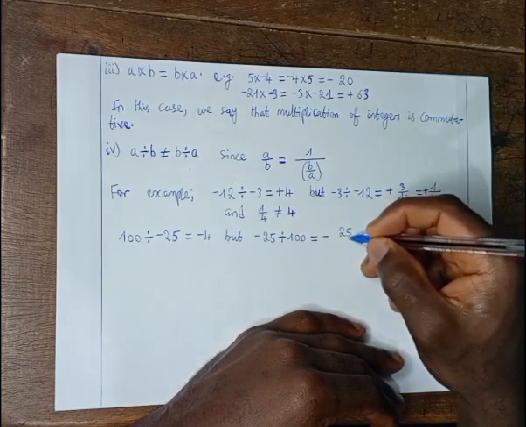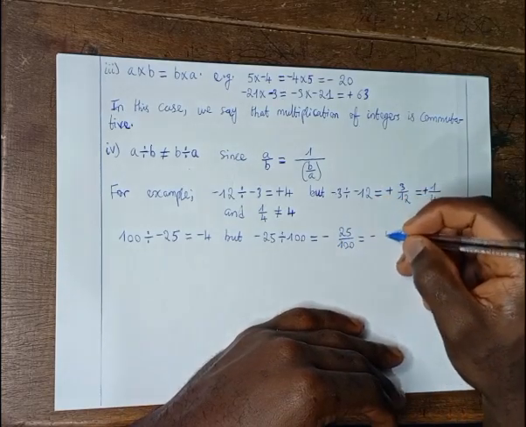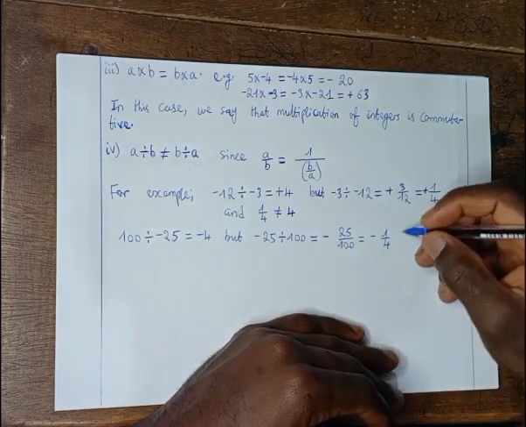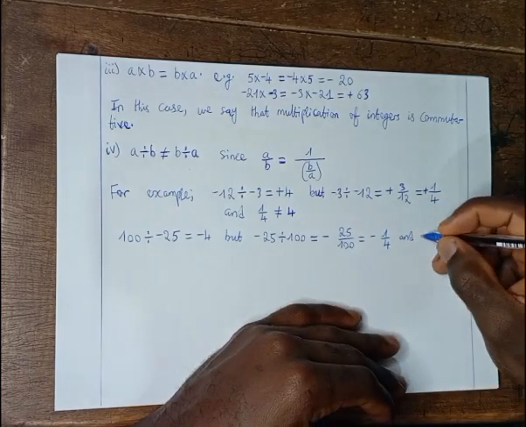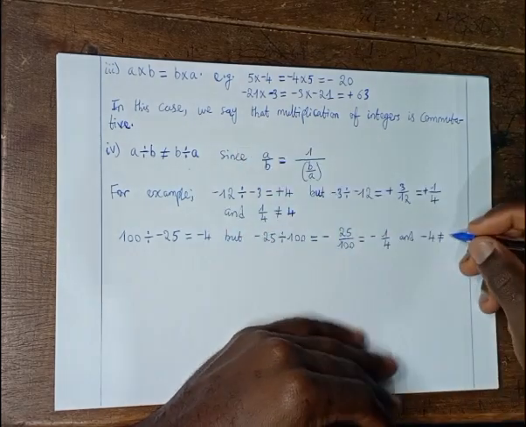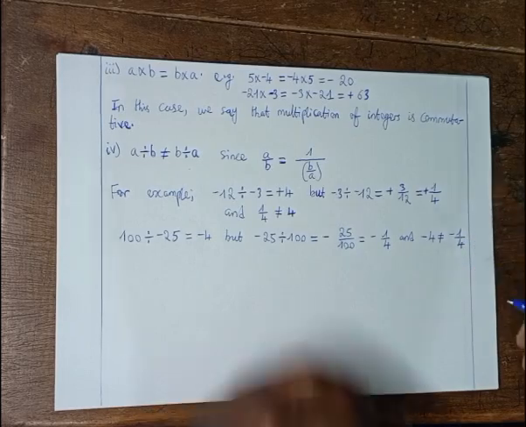So I'll write 25 over 100. This will simply give us negative 1/4. You can see it. Negative 4 is not equal to negative 1/4.